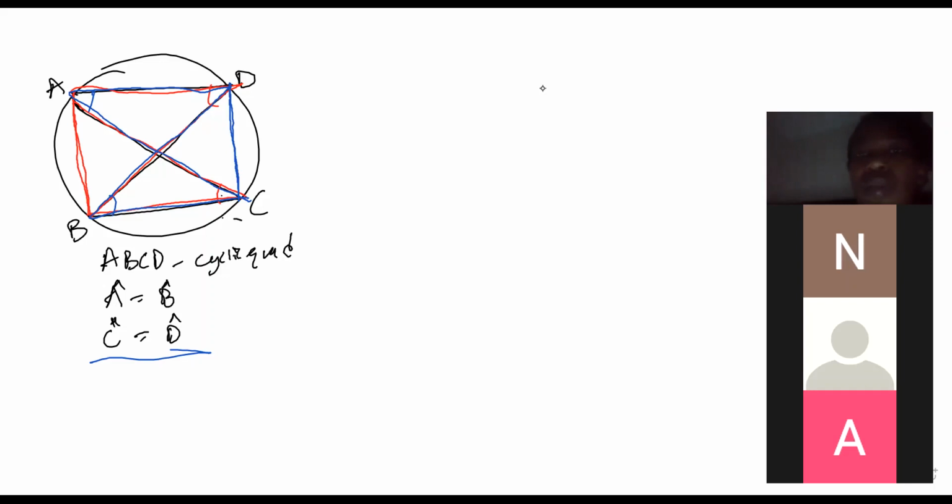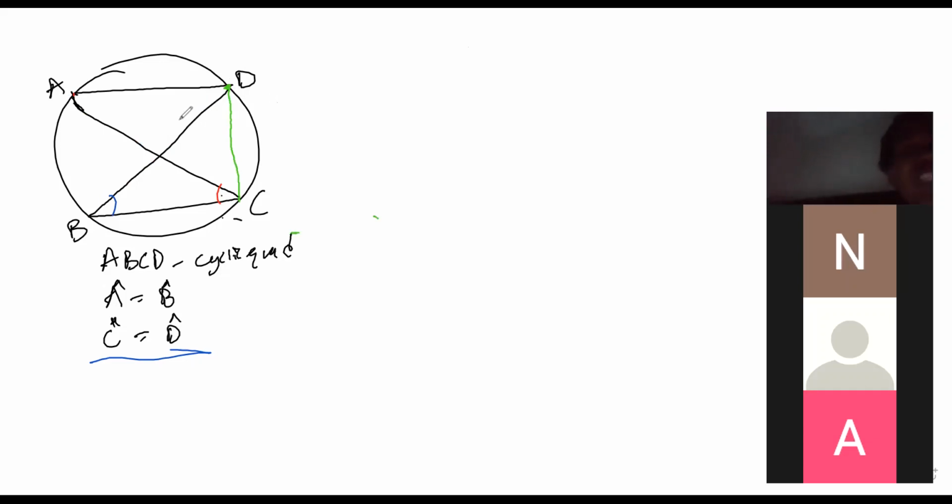So let me change the pen. They say if a line segment joining 2 points subtends 2 equal angles. So you have a line segment, this one. If you have a line segment joining 2 points subtending equal angles, this is a line segment, just like a chord, subtending 2 equal angles.